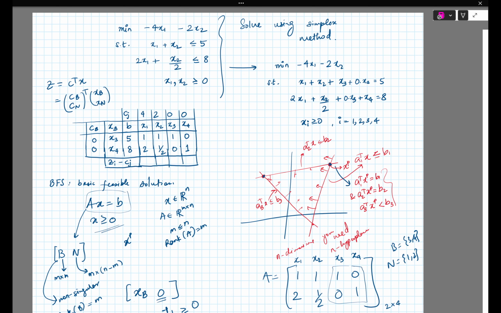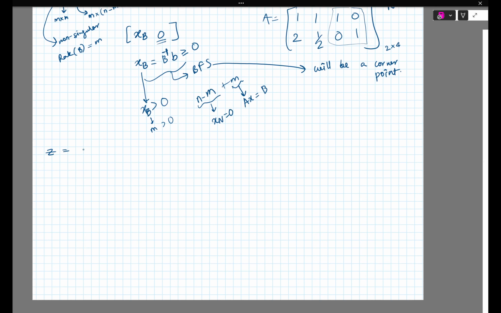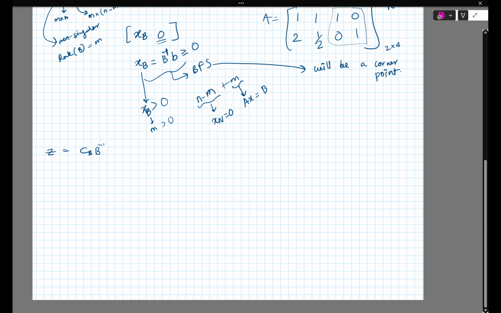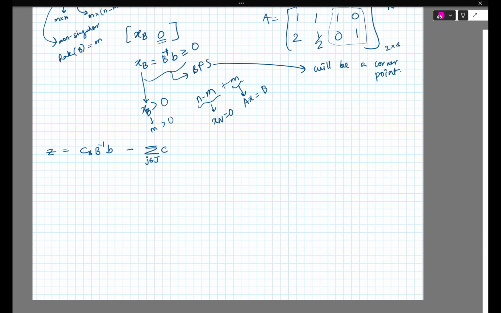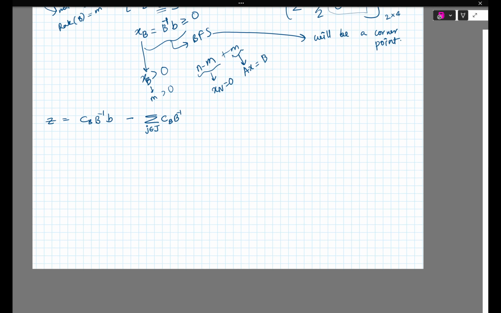Okay, and that somehow comes out as cb b inverse b minus the sum over j in J of (zj minus cj) xj. Okay, and I'm not going through the whole derivation, I'm just telling you what comes out. But to look at the derivation, you can see the lecture. I hope you have seen it.